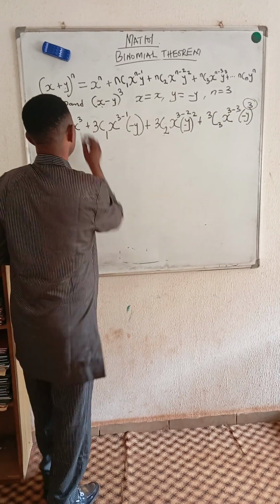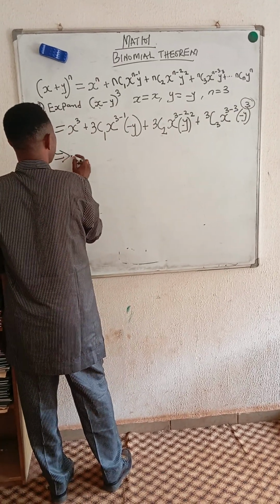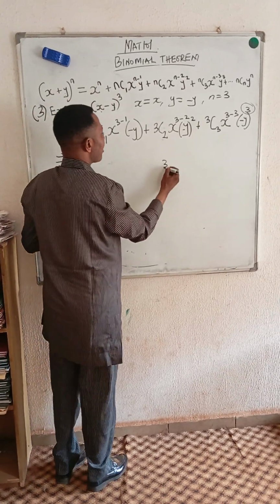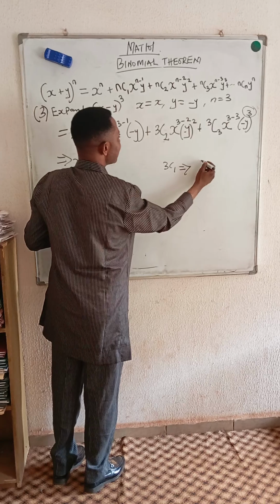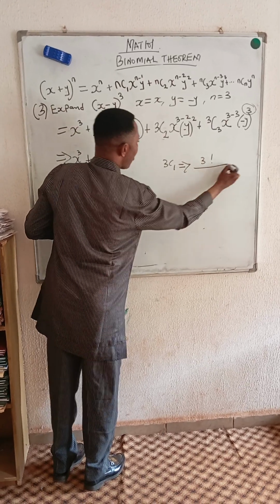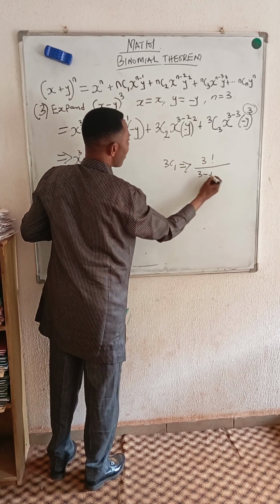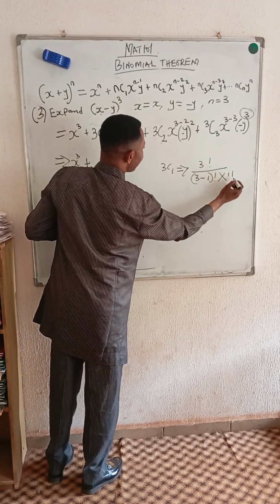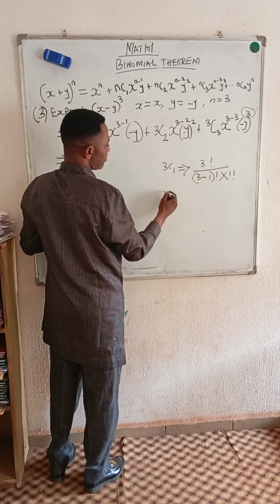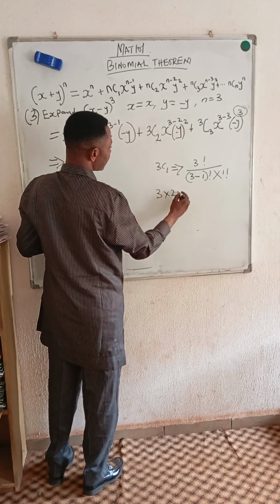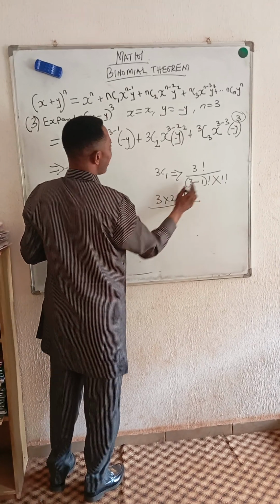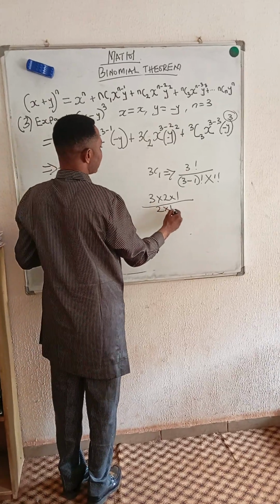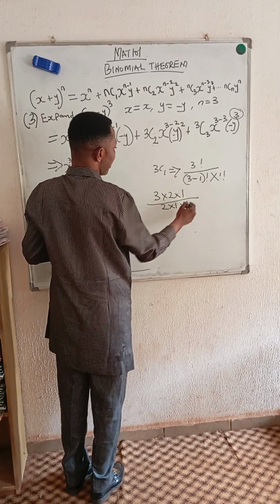So we'll stop there. Then we'll come back here and say x power 3 plus, what is 3 combination 1? 3 combination 1 implies 3 factorial all over 3 minus 1 factorial multiplied by 1 factorial. What is 3 factorial? It means 3 times 2 times 1, all over 3 minus 1 is 2 factorial, which is 2 times 1, multiplied by 1 factorial, which is 1.